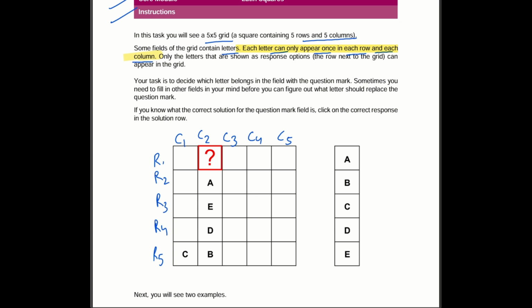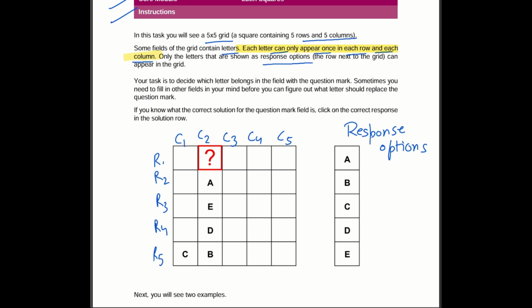Only the letters that are shown as response options. These are response options. This one column, 5 rows, are the response options. That would be on the right hand side in your exam as well. You have to click on the one option that is correct for the question mark.